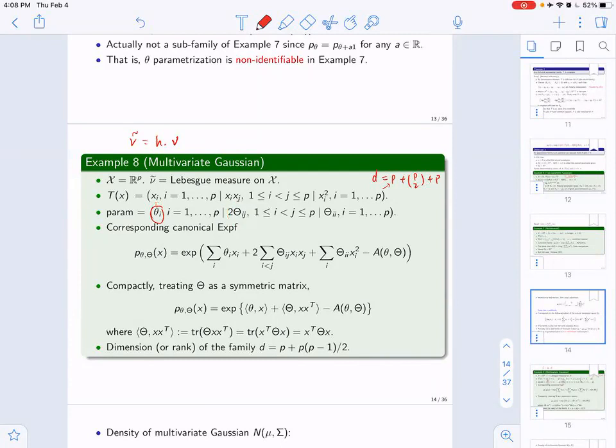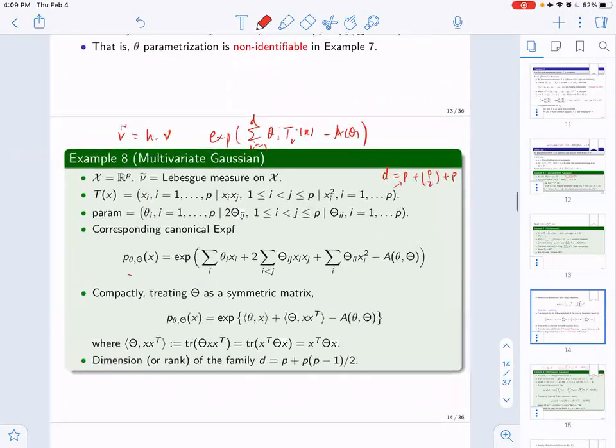So I have to associate one canonical parameter to every coordinate by the standard form, because that's how a canonical exponential family, or its density, is defined. And once you multiply out, you get an expression like this.